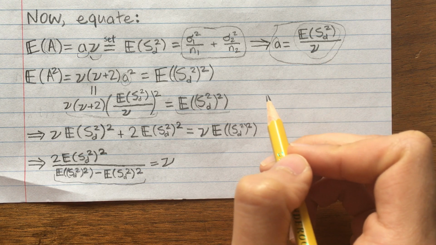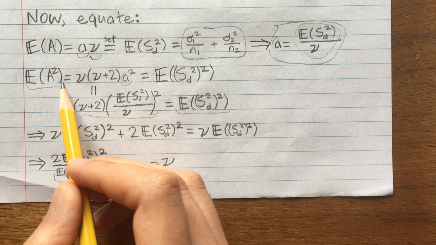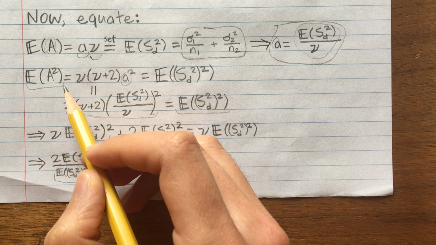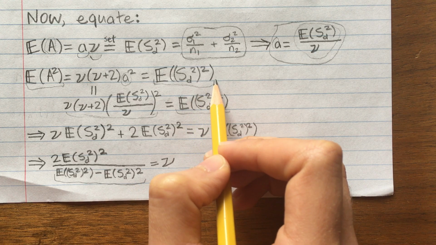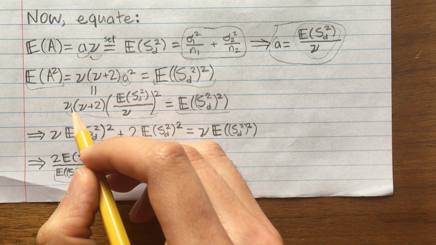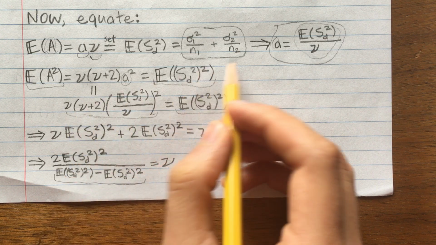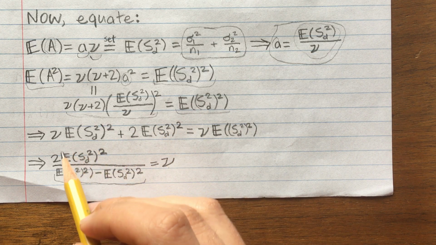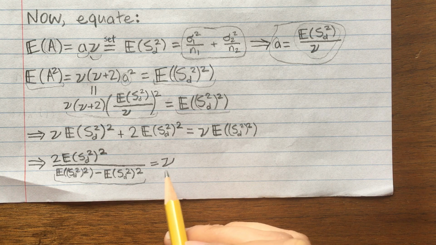If we do the same thing with the second moments, equating the expected value of A squared to the expected value of SD squared squared, then we can substitute in for A in this equation, and finally we can solve for V, the degrees of freedom.